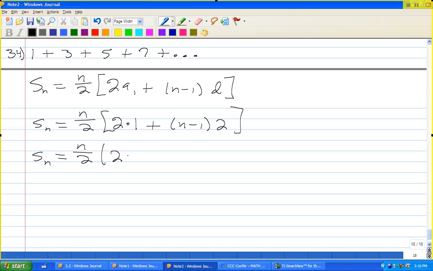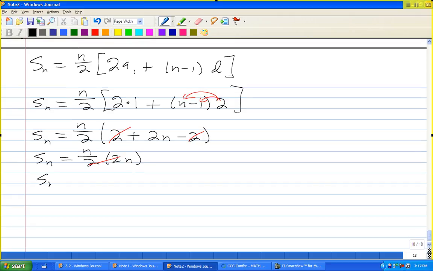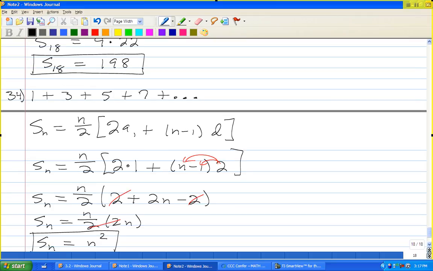Two times 1 is 2. Multiply the 2 inside the parentheses. So you get 2n minus 2. The 2's cancel. So you get n over 2 times 2n. The 2's cancel. And so you get n squared. So you notice that if you add the first n odd terms, you always get n squared. So that's an easy way to figure out what n squared is. You just add up the odd terms.